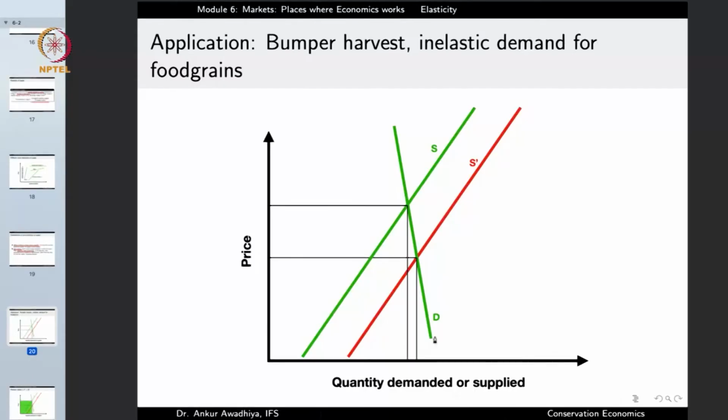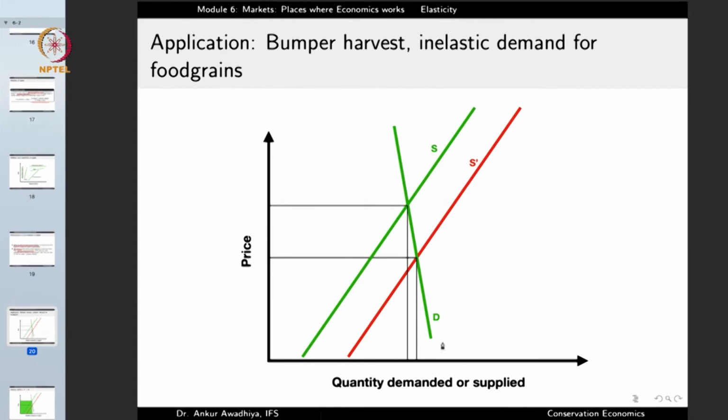Now, as you'll remember, the food grains, they are a necessity, and in a number of cases, the demand is very inelastic. Because whatever happens to the prices, whatever happens to the income, people require a fixed quantity of food grains. So this is what we are representing here. The demand curve is pretty inelastic. So it is looking very close to the vertical.